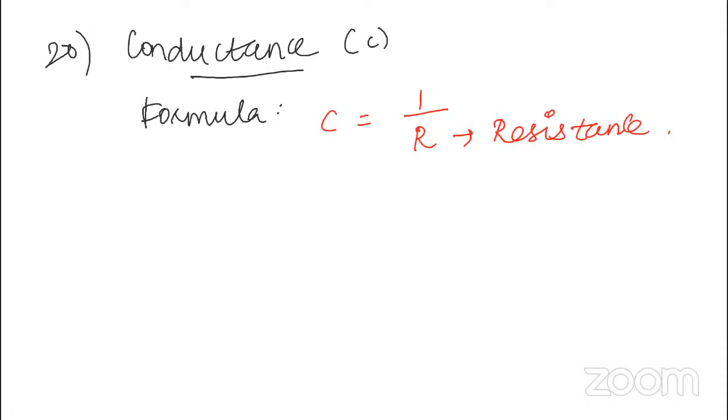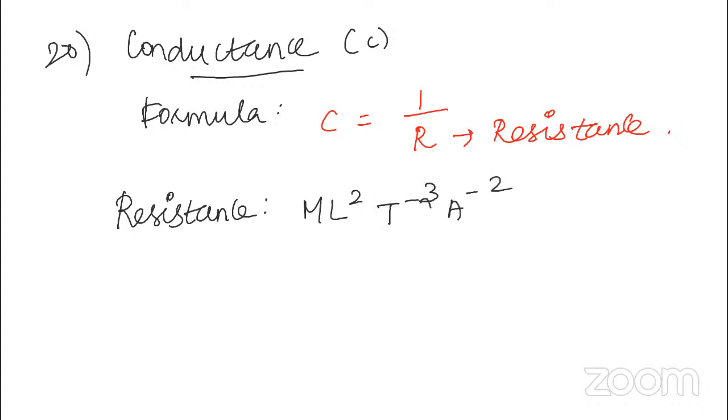So what is the dimensional formula for resistance? Resistance is M L square T power minus 3 into A power of minus 2.